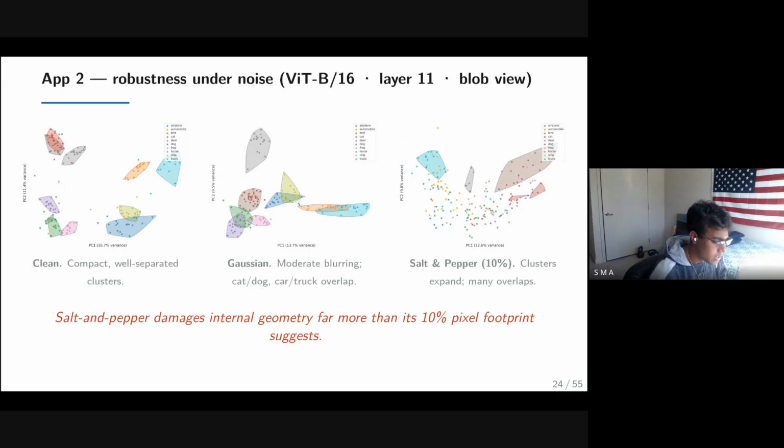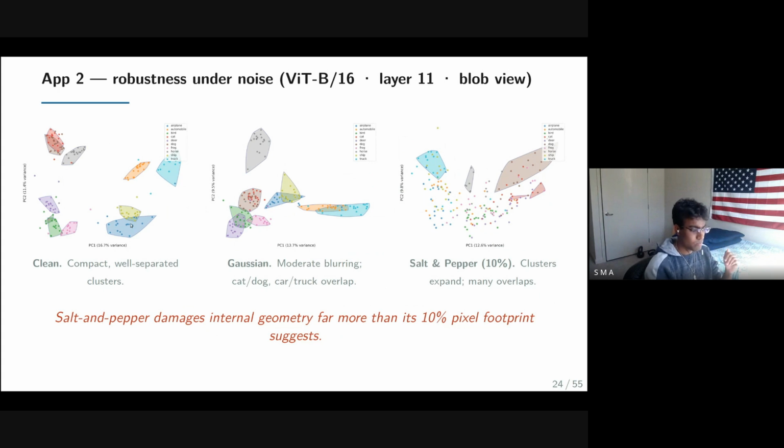And here's the other application that we looked into, which is robustness under noise. So you have clean clusters here, which is when you have your vanilla data points with no perturbations or anything. You just take the raw data points and put them through the model, and you see that the clusters are compact and well separated.